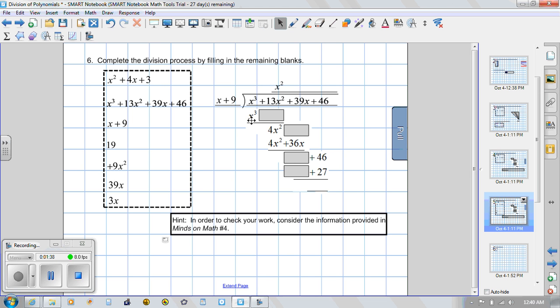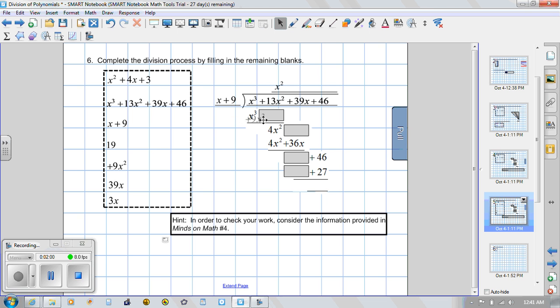The next step in the process is to look at the constant term in the divisor. We too have to multiply it by the x squared. And the result of that, if we go over to our table on the side, would be positive 9x squared.